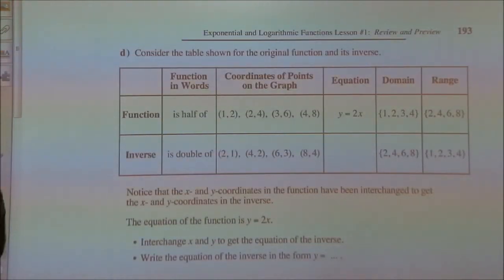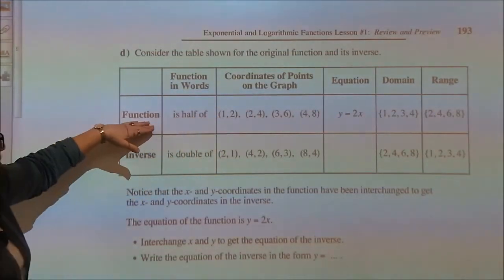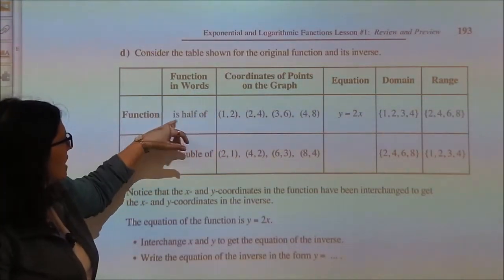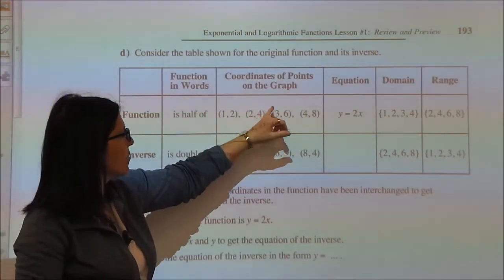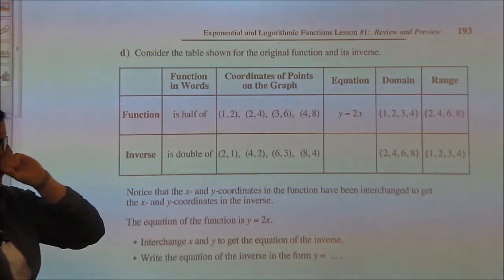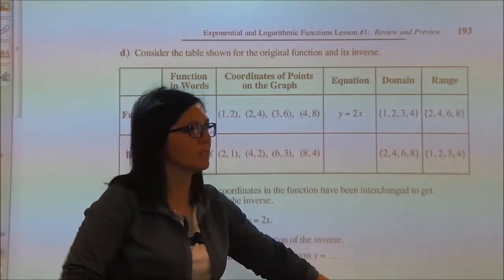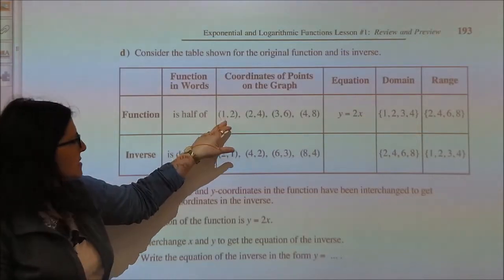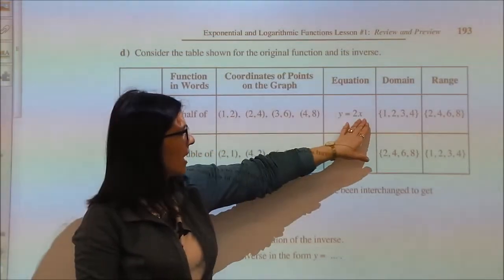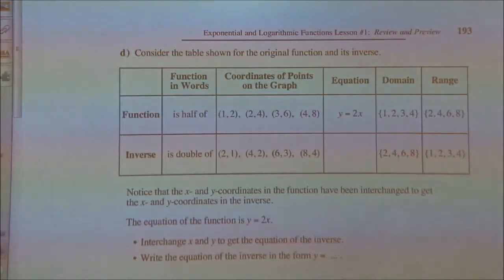So if we fill in this chart, this was my first function. So in words, I get half of. So 1 is half of 2, 2 is half of 4, 3 is half of 6, etc. My equation is whatever the x value is, to get the y value, I can multiply it by 2.